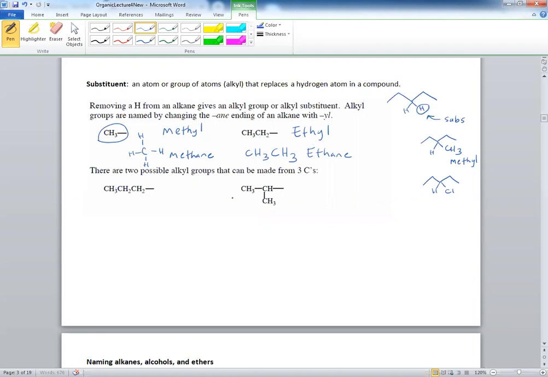Of course, as the molecule gets bigger, you have now two possibilities since you have constitutional isomers. If you have 3 carbons, CH3, CH2, CH3, you can draw this out. This would be called a propane. But as a substituent, it's called a propyl.